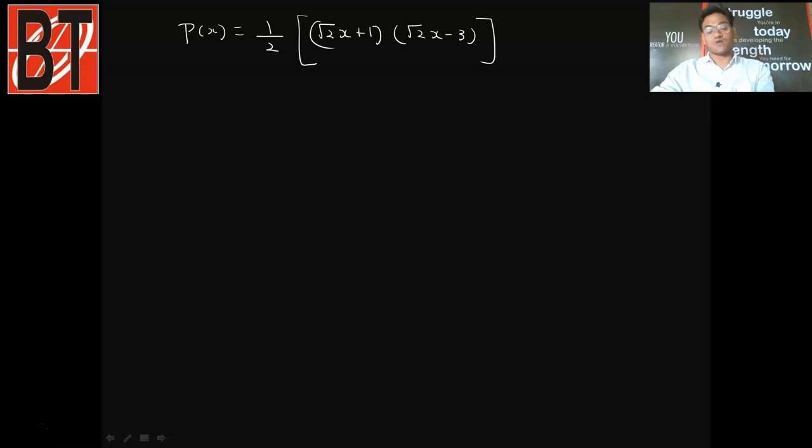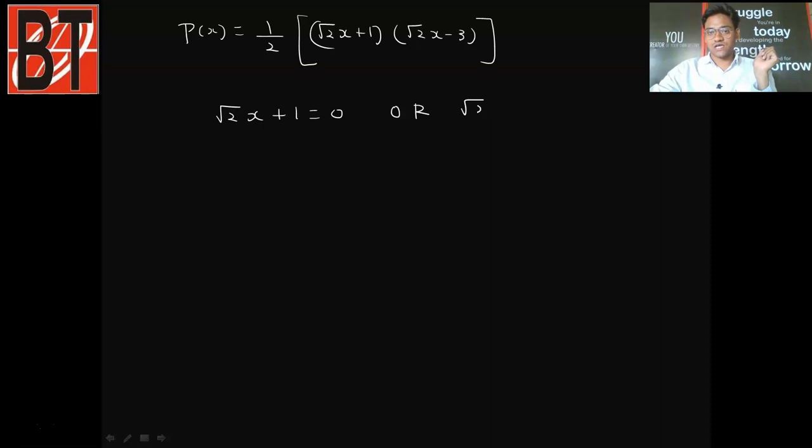Clear, students? Now for getting zeros, we just put these factors equal to 0. Now it's very obvious that half cannot equal to 0. Since half cannot equal to 0, these two I have to put 0. Okay, I have to equate these two 0.